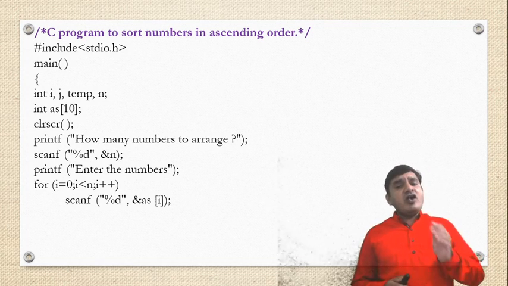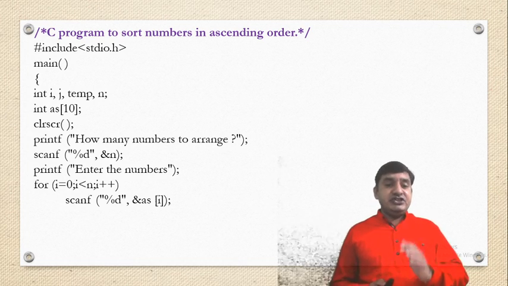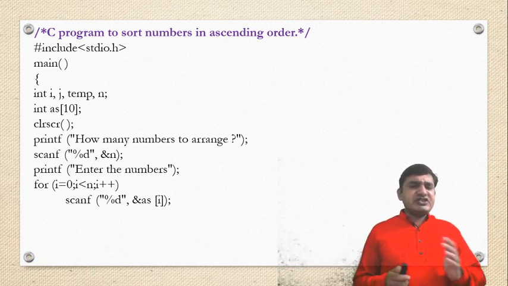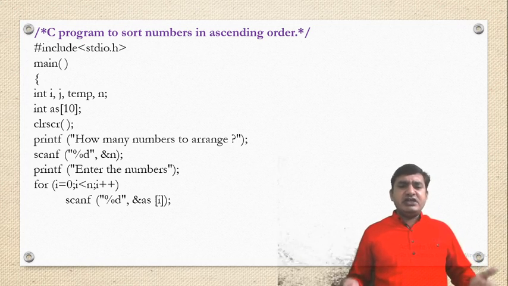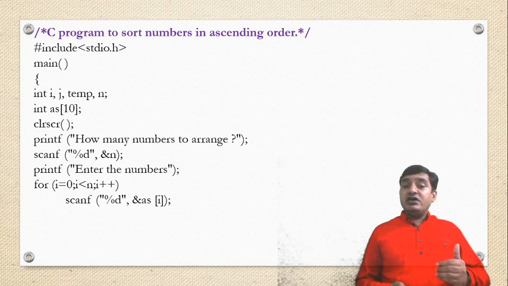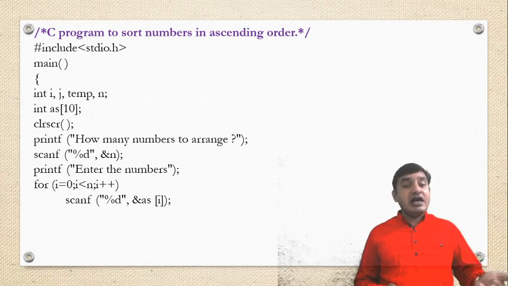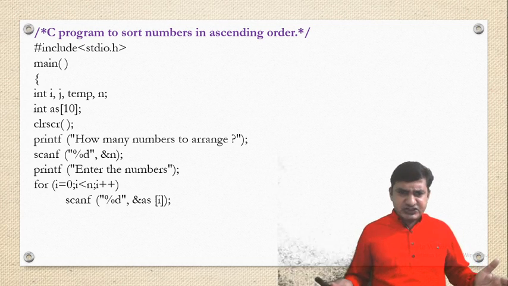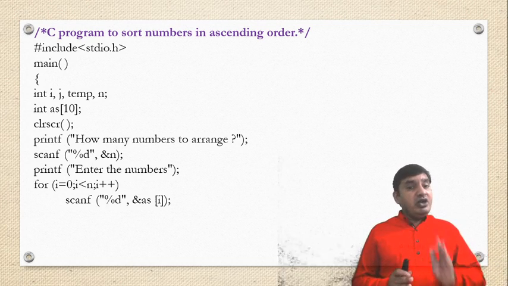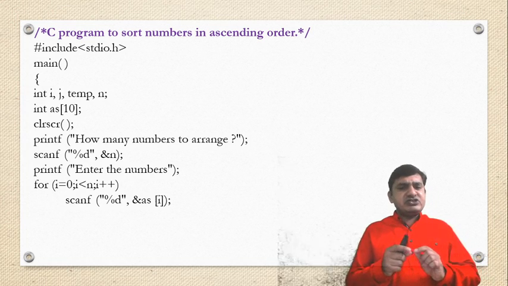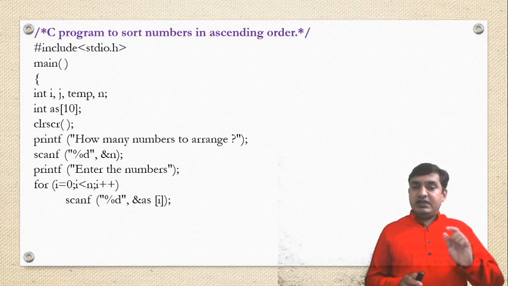All these terms are integers. %d, for that we use the input function scanf. Now we have to enter the different values of i. It may be anything, but all these terms must be 10.